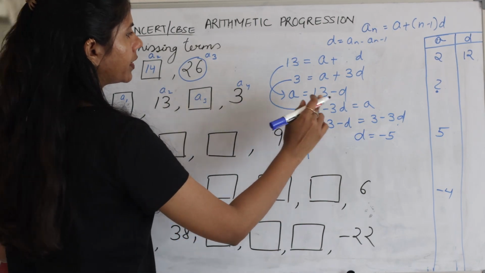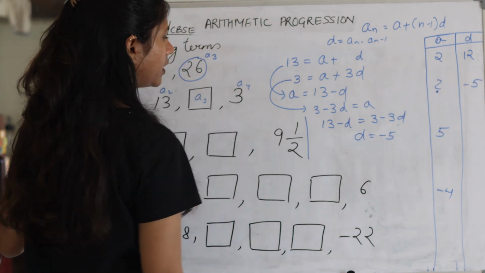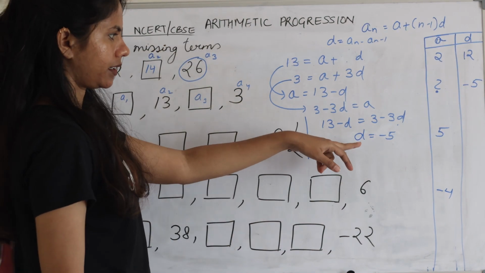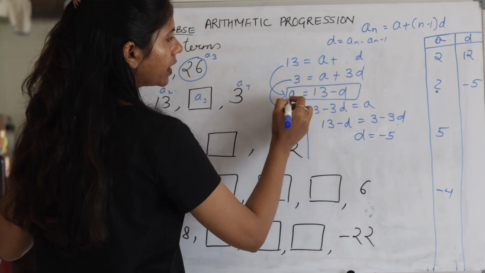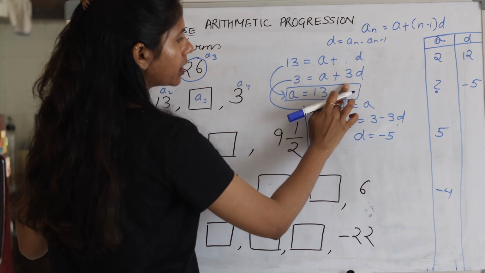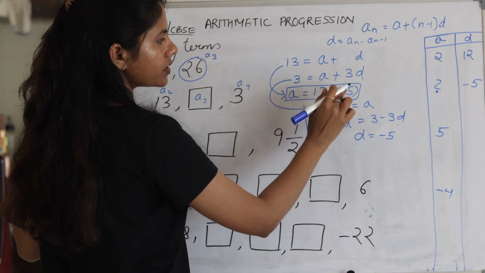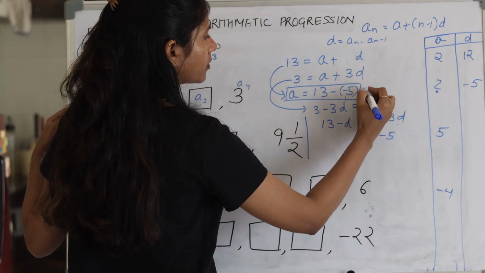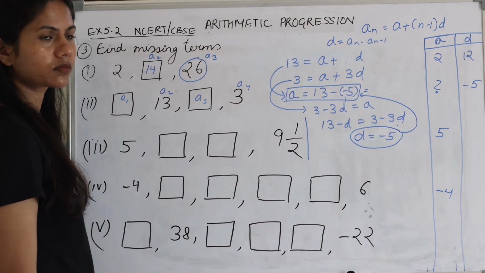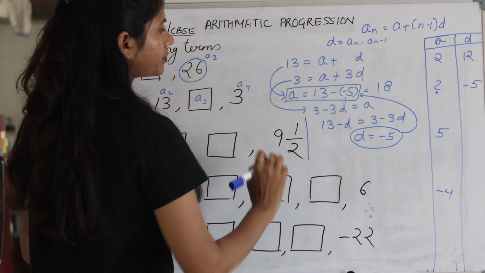So we figured out d is minus 5, and to find a, we simply put the d value in this equation. 13 plus 5 is 18.